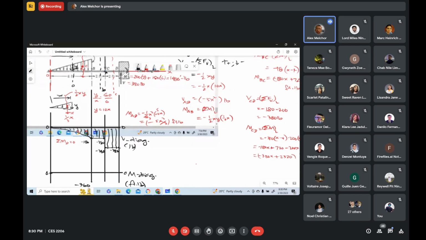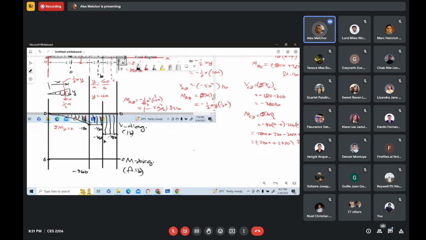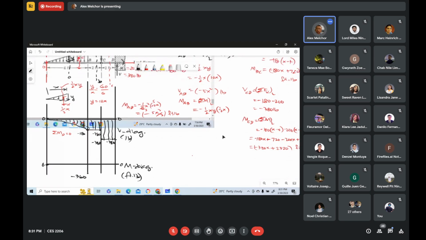Now, if you can see a moment right here applied at C, you need to determine the moment at an infinitesimal distance to the left and to the right, if there is a moment. Now, since there is a moment here, you can directly solve for the moment at C. You don't need to solve for the moment to the left and to the right of C. So in this case, what is the moment at C?